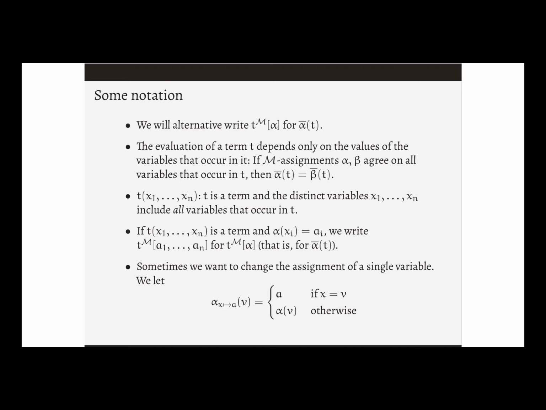This observation then allows us to restrict our attention and our notation to a finite set of variables, because a term is a finite string, so at most finitely many variables can occur in it. We use this notation to indicate that t is a term, and the distinct variables here include all variables that occur in t.